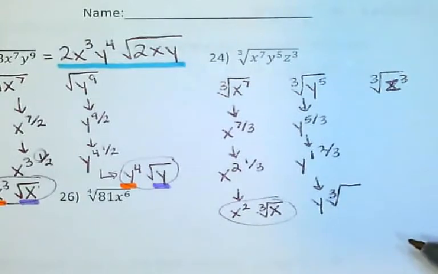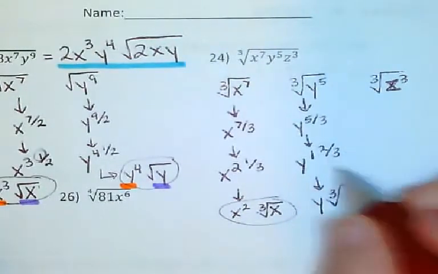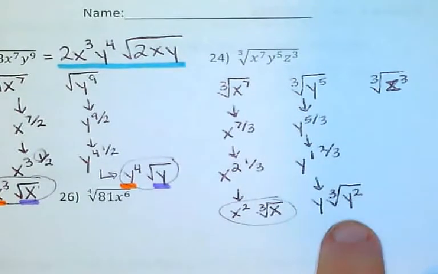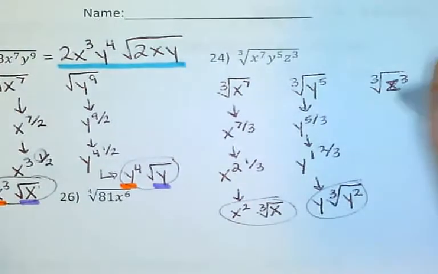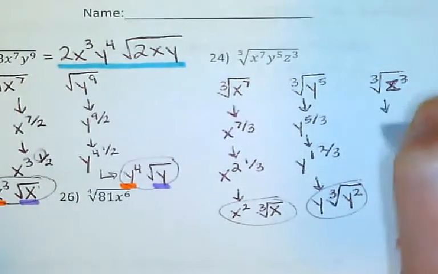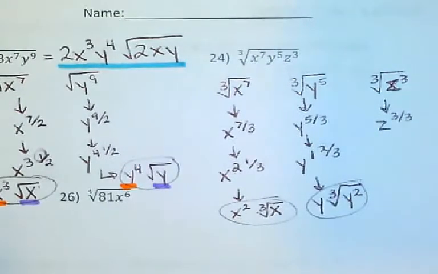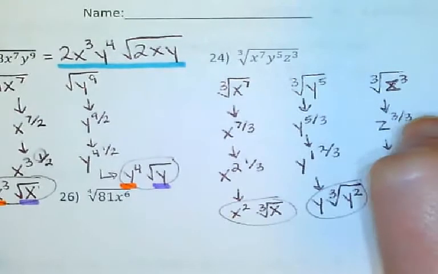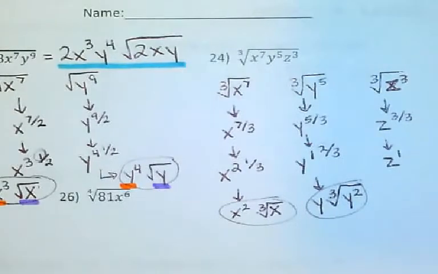But inside, we have 2 y's that are left over. So this is going to be y squared left over inside of there. Alright, and then for z, this is going to be z to the 3 over 3. And 3 over 3 is just 1, right? Z to the first. And z to the first is just z.